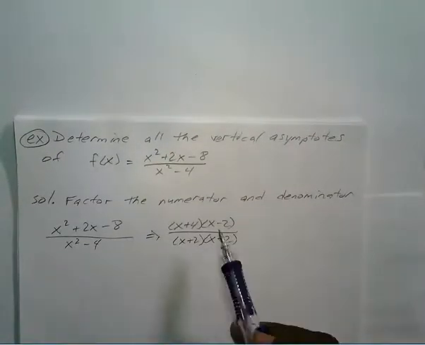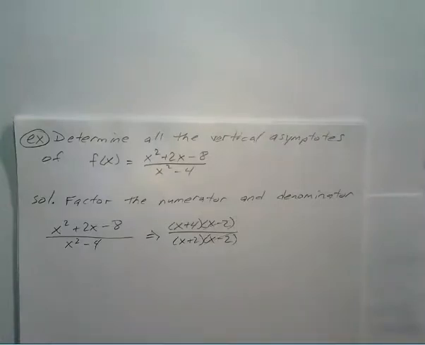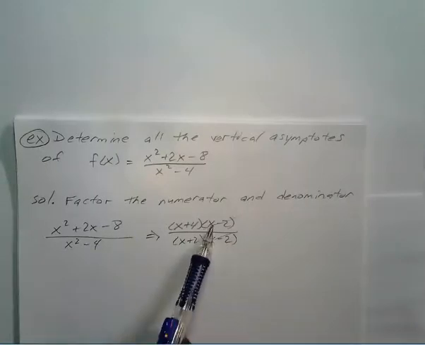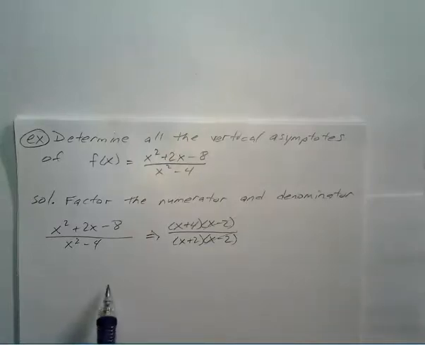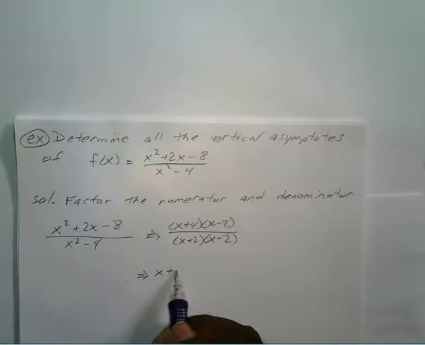Now you see here, those two cancel out. So x minus 2 and x minus 2 cancel out, which gives us x plus 4 over x plus 2.